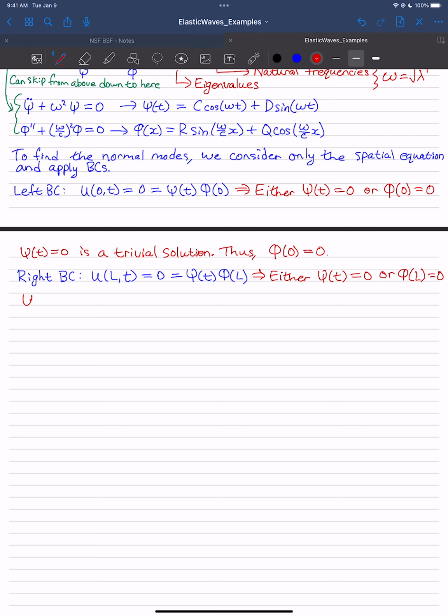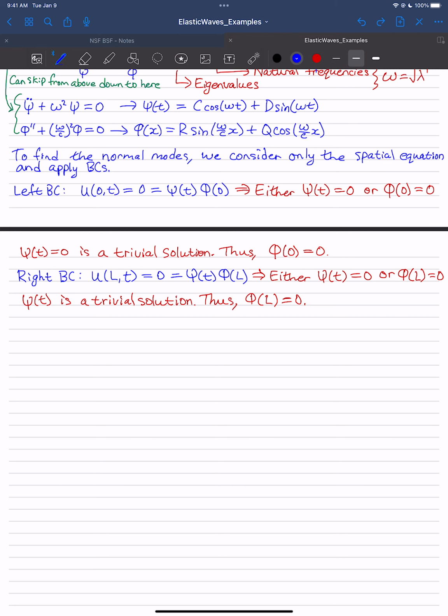So psi of t equal to 0 is a trivial solution. And thus we get that phi of L is equal to 0.